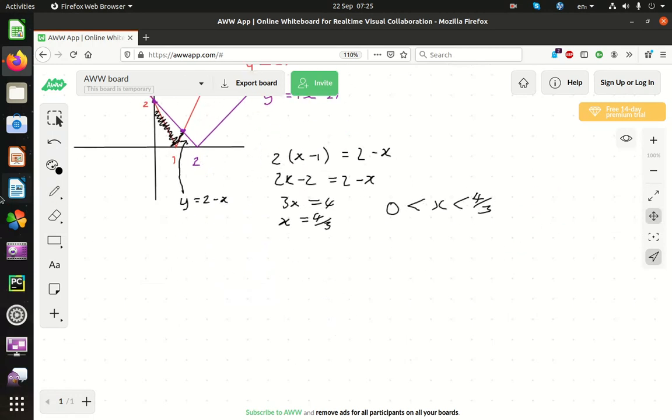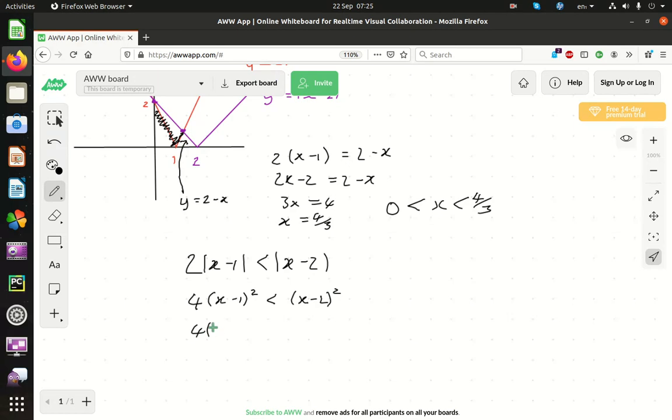Okay. Alternative method. 2 mod x minus 1 is less than mod x minus 2. Now this only works if both sides are strictly positive. I know I keep saying that, but it's so important. Square both sides, you get 4(x minus 1) squared is less than (x minus 2) squared.